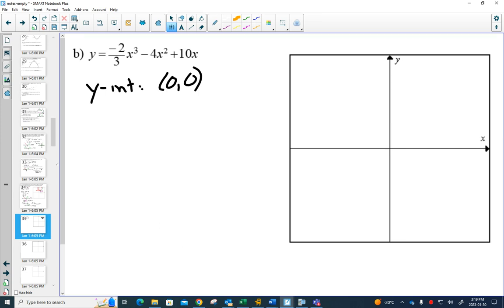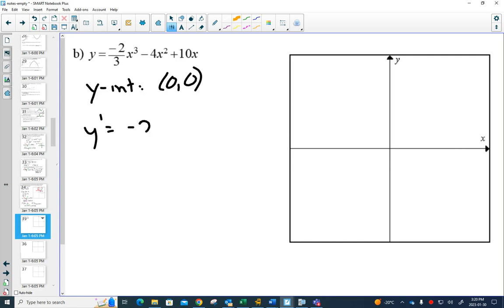No, not really. Sorry, I'm playing around with factoring. We won't factor. But now we can find our derivative.